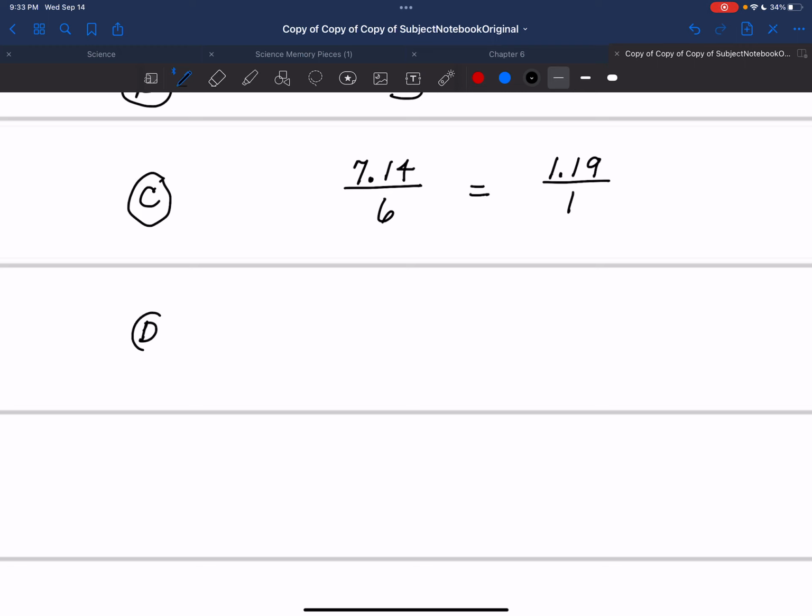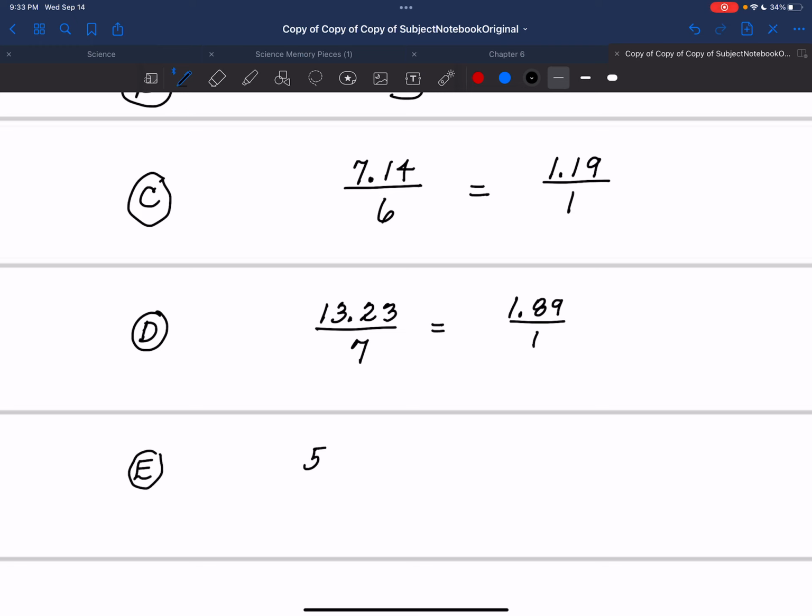D, we have grapes, $13.23 for 7 pounds. So $13.23 divided by 7 is $1.89 a pound. And then finally on E, we have 8 pounds of tangerines for $5.20.